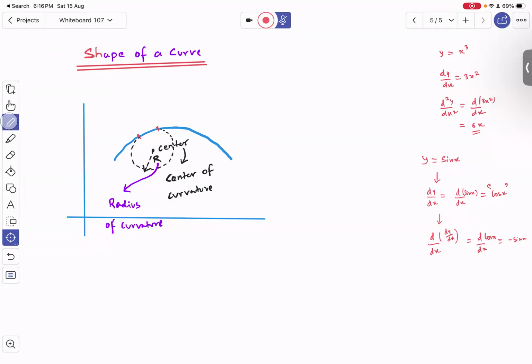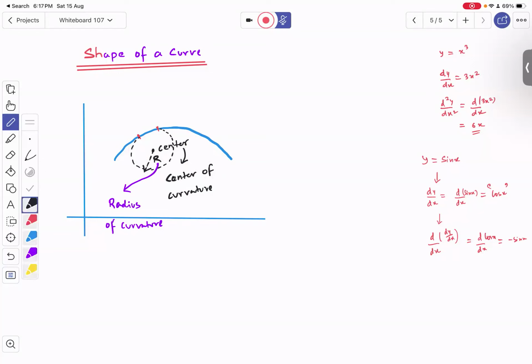Clear, no? So if the center of curvature lies below the curve, then we say the shape of the curve there is concave down. You see the caved part, like a concave mirror: the shiny, polished, reflecting part of the mirror will be the caved part, no?